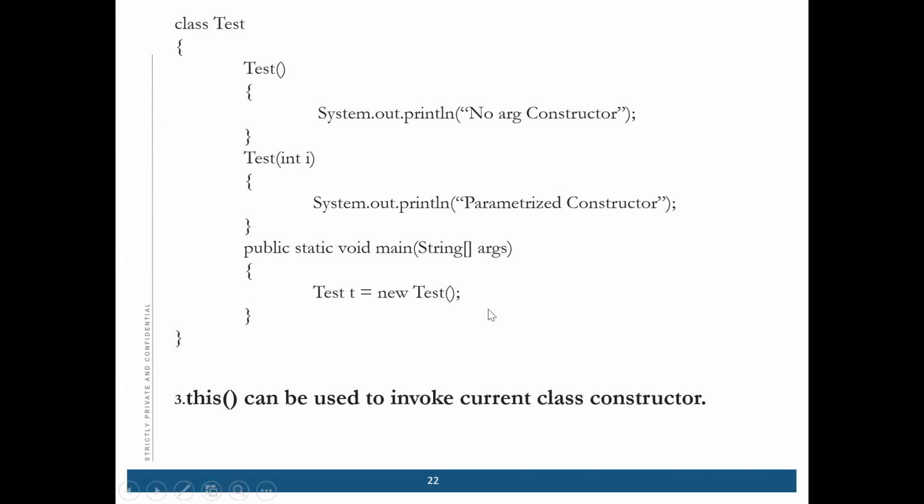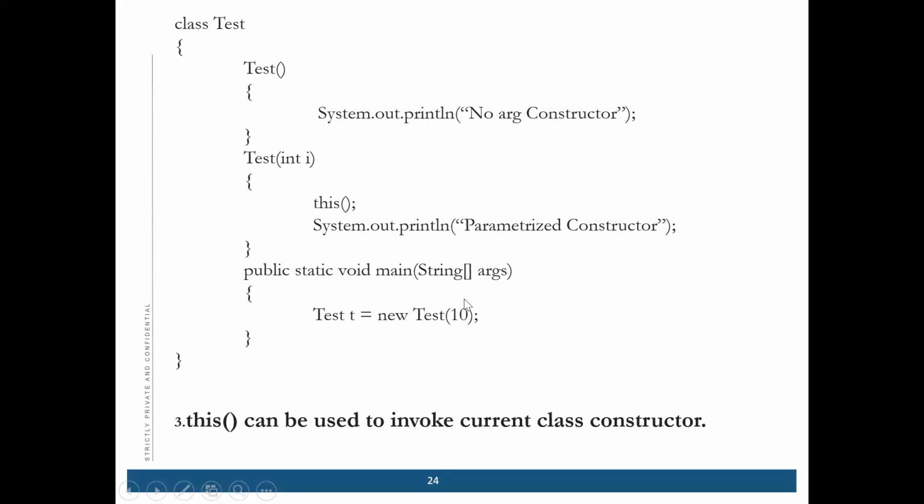If we wanted to call the first constructor, there is no argument. If we wanted to call the second constructor, we can pass the argument value. So this can be used to invoke the current class constructor.